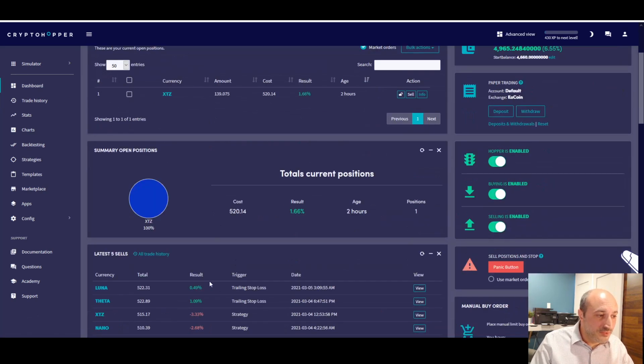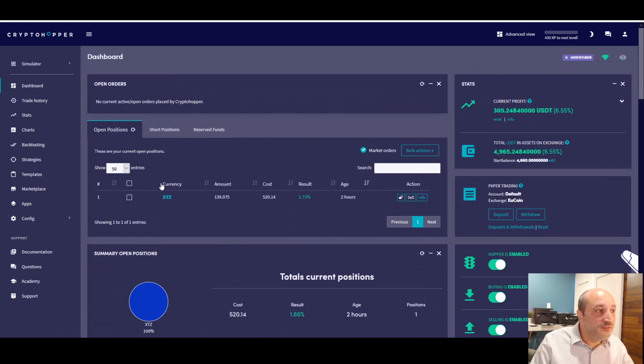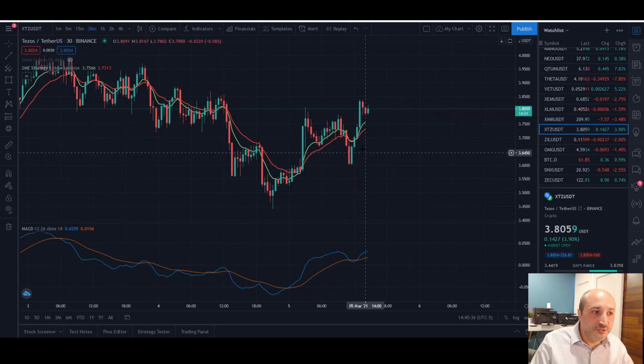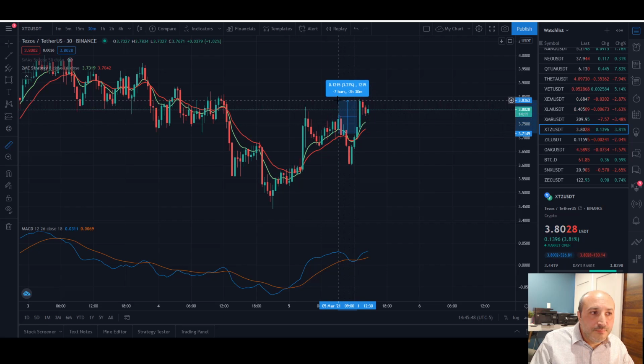As you can see, the last 2 trades came up positive, and this one is still positive from 2 hours ago. So let me show you live very quickly how this one has been performing. That was XTZ 2 hours ago, and I'm using the 30-minute chart. As you can see, MACD is crossing, EMA is crossing, so probably my trade was somewhere around here, went up to 3.37%.